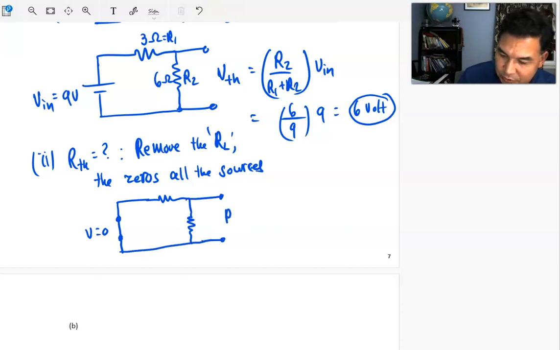The resistance you are looking at from this side is your Thevenin resistance.